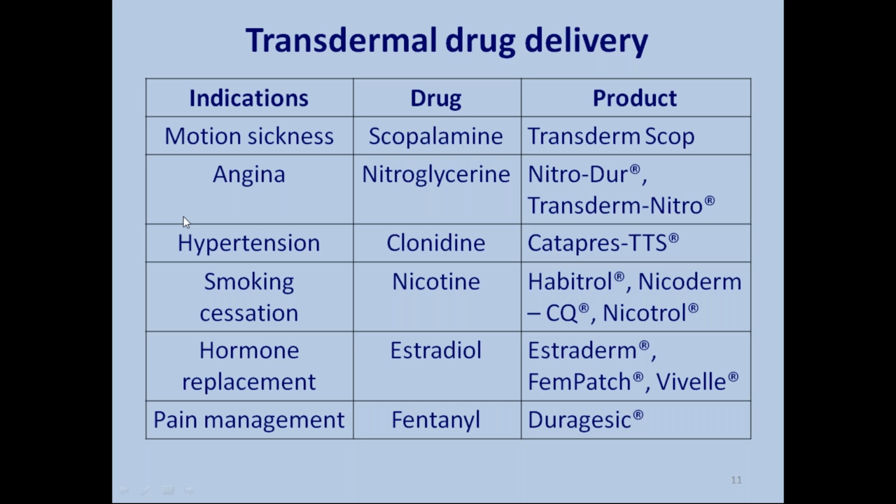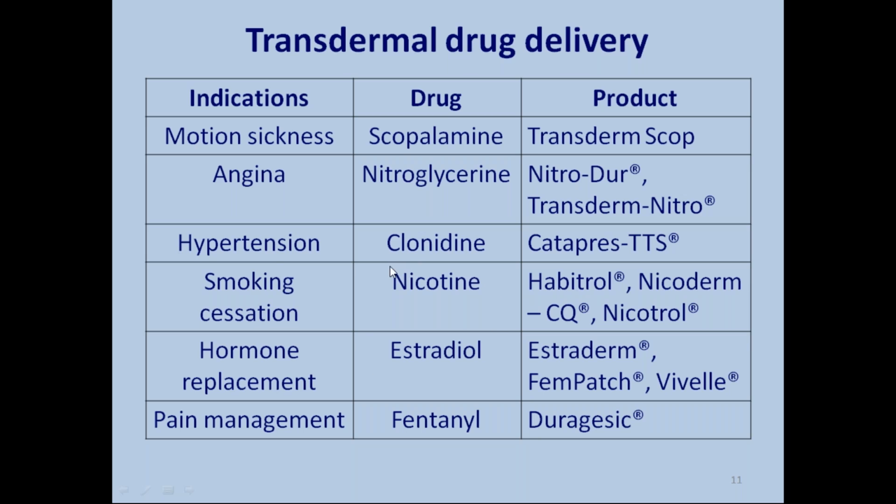First, there's scopolamine, which is used to treat motion sickness, and next, nitroglycerin, a drug used for treatment of angina, which again is a drug of choice. One more drug is clonidine, which is used to treat hypertension.